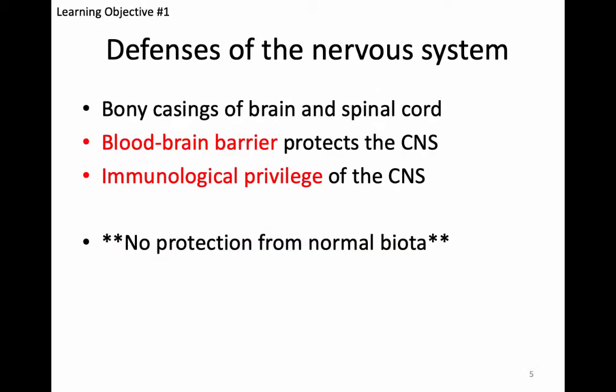So within the nervous system, in addition to the bony casings, the blood-brain barrier, and the presence of some low-activity phagocytes like microglial cells and macrophages, the central nervous system also has something called immunological privilege, which means that the immune response to an invading pathogen in the central nervous system is going to be much more dampened and not as aggressive as the immune response to a pathogen in another part of the body.